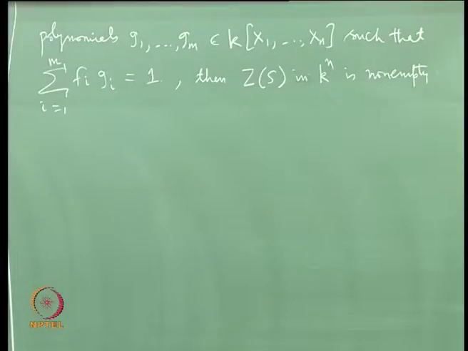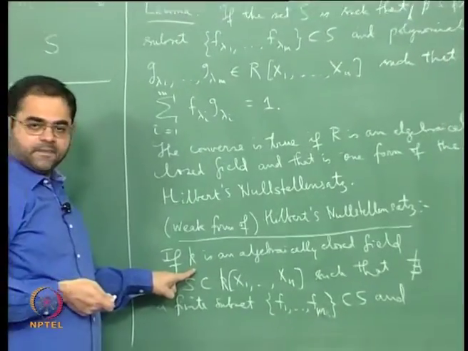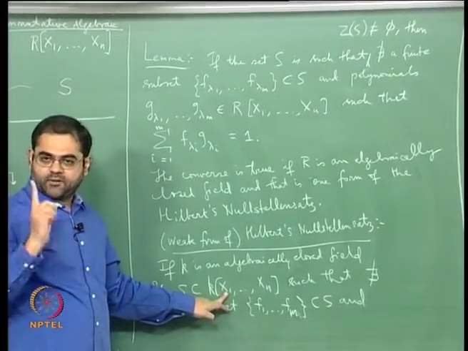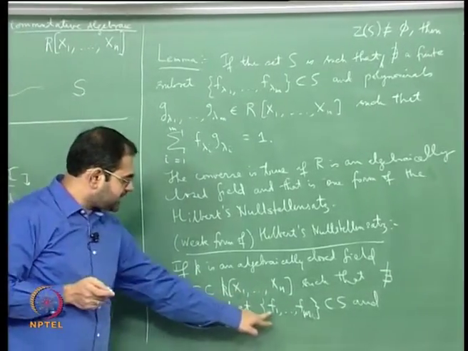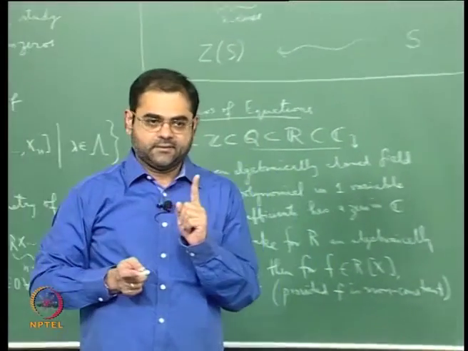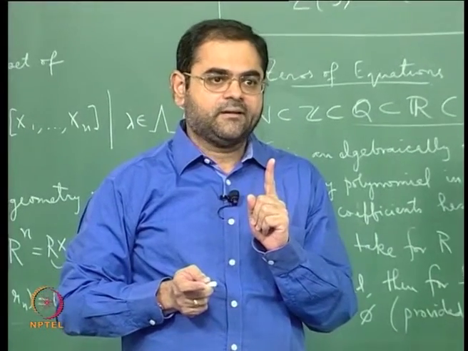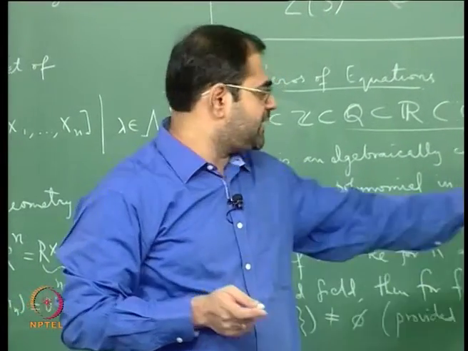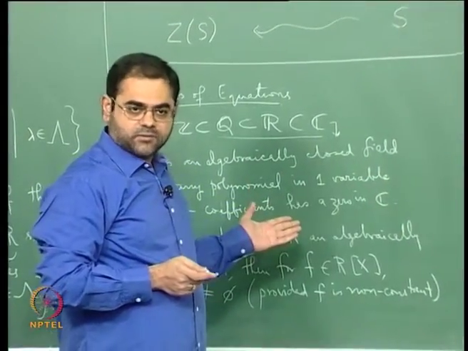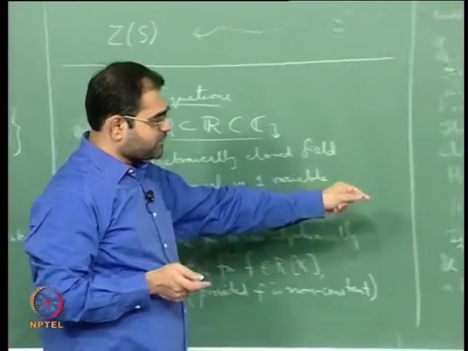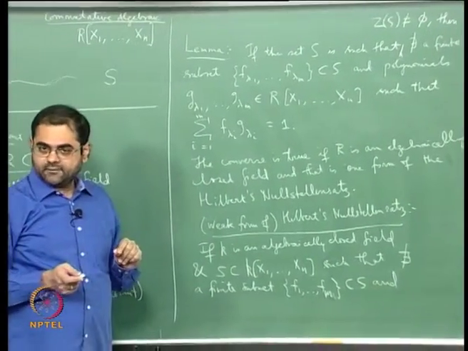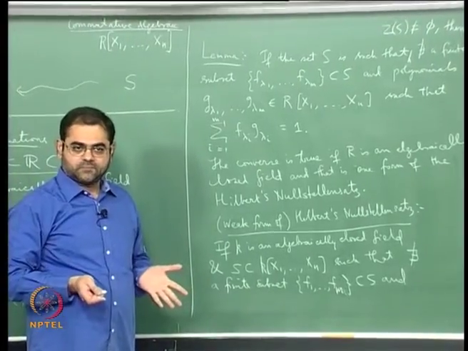If I put small n equal to 1, then I am looking at polynomials only in one variable, and if I take the subset S to be a singleton set, then this statement is obviously true for an algebraically closed field, just by the definition.